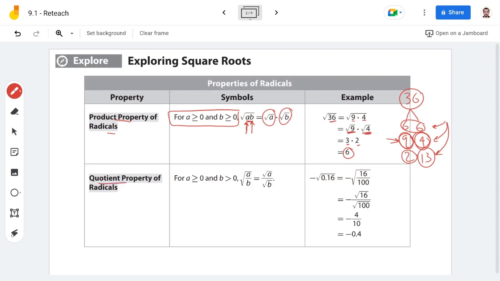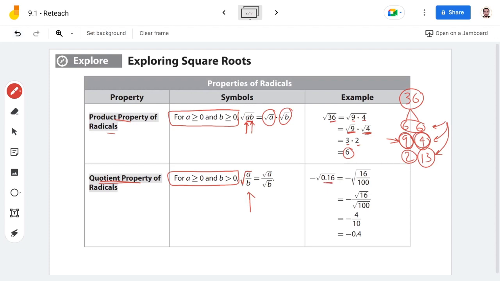Another property is the quotient property. The quotient property is similar to this one, but here it's division. A divided by B, both of them under the square root. Can we split the square root into the numerator and the denominator? So both the numerator and denominator can take the square root. Look at this example. We know that 0.16 is 16 over 100, which is 16%.